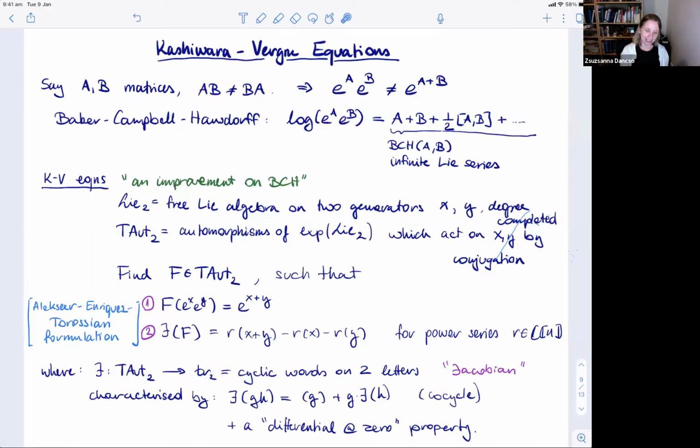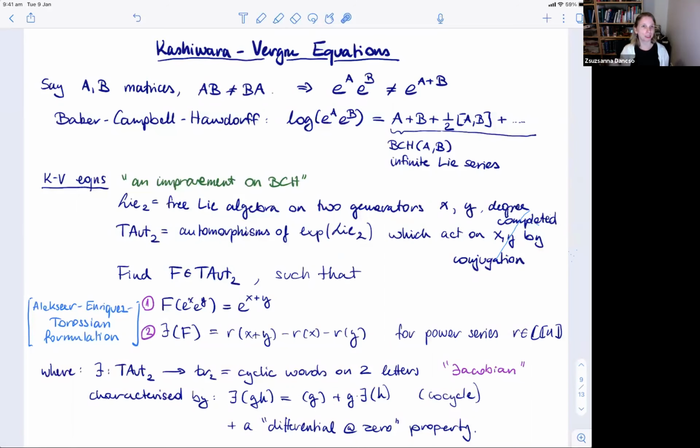So what are they? If you take the free Lie algebra on two generators X and Y and degree completed, so allow infinite linear combinations of Lie-words of increasing length, then we'll denote by T02 the group of automorphisms of the exponential, so the free associative algebra, which act on the two generators by conjugating by some given element.